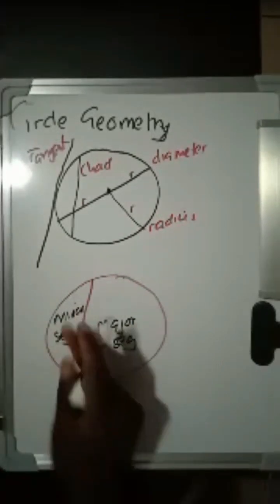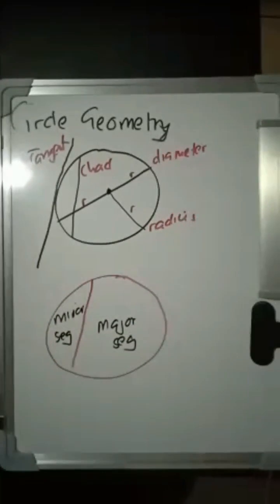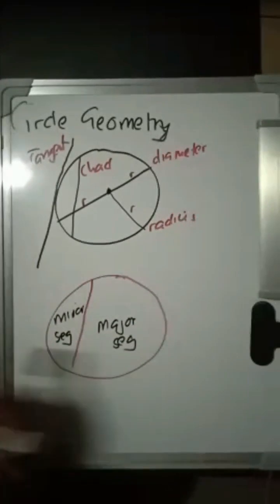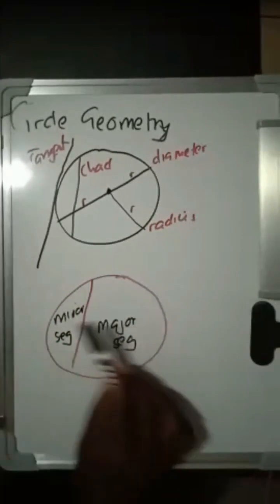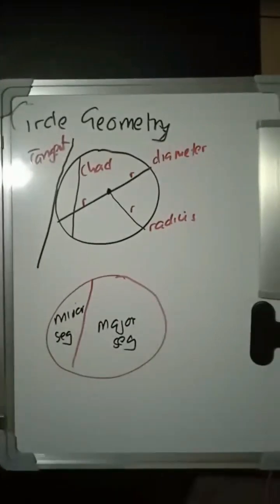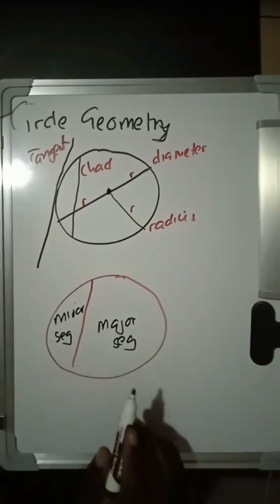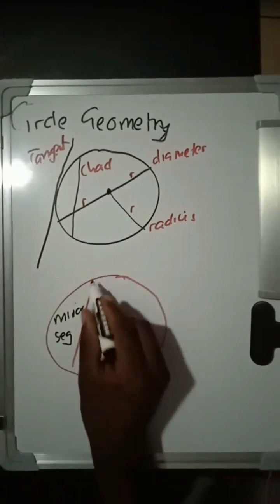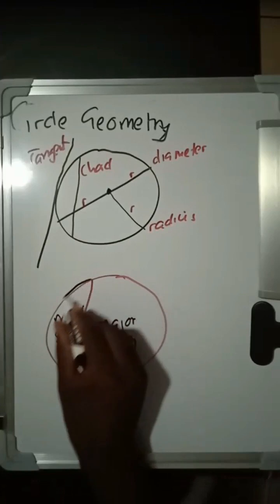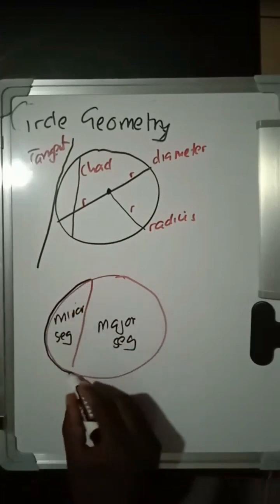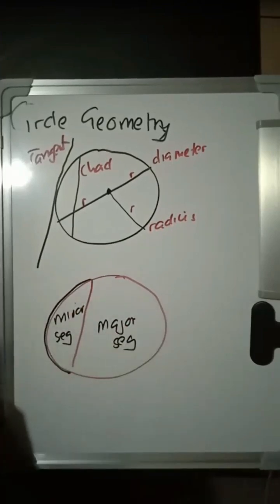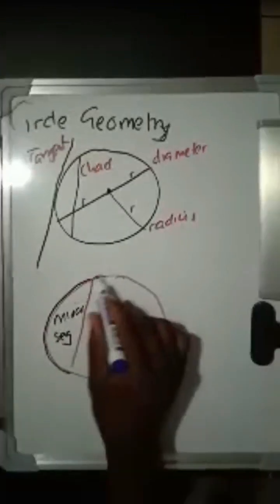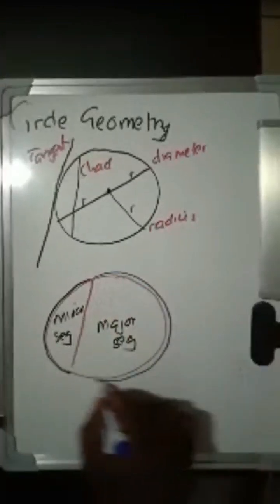So the minor segment is the small segment. Then there we have the major segment, which is the bigger segment. Also, a chord divides our circle into two arcs. You have the minor arc. I'm going to trace the minor arc. And on the other side, we have what we call the major arc, which is in blue there.